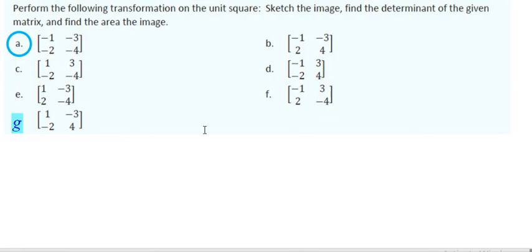So here it says, perform the following transformation on the unit square, sketch the image, find the determinant of the given matrix, and find the area of the image.